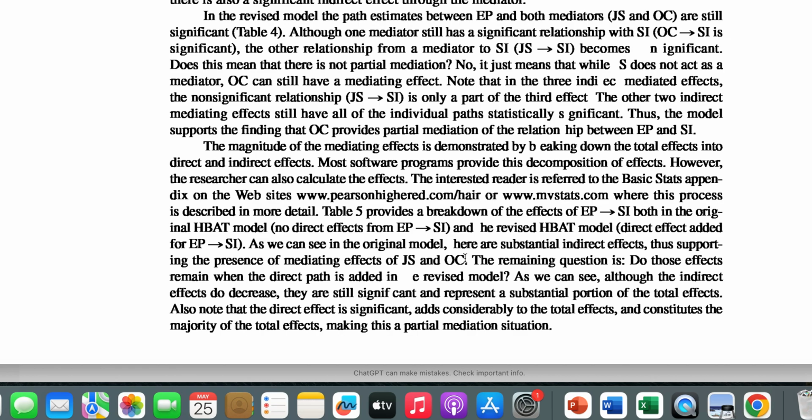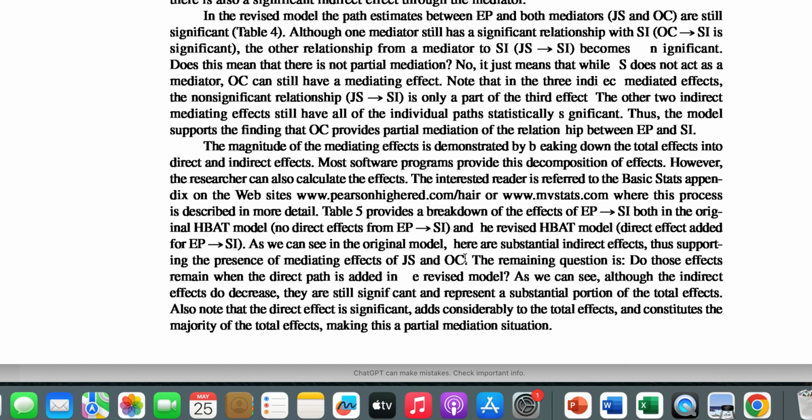In the revised model, the path estimates between EP and both mediators, JS and OC, are still significant, table 4. Although one mediator still has a significant relationship with SI, OC is significant, the other relationship from a mediator, JS to SI, became non-significant. Does this mean there is no partial mediation?